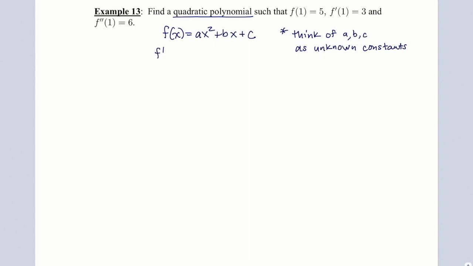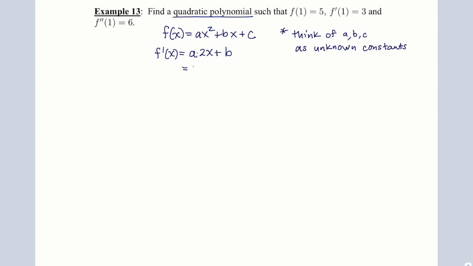So our formula for f prime, that's going to be a, because that's a constant multiple of x squared, times the derivative of x squared, which is 2x. And the derivative of bx is just like the derivative of 7x would be 7. The derivative of bx will just be b. And just like the derivative of 5 would be 0, the derivative of c will be 0 because c is a constant.